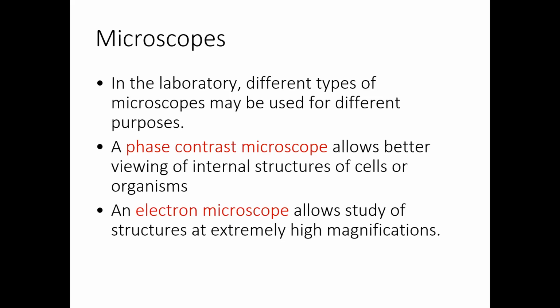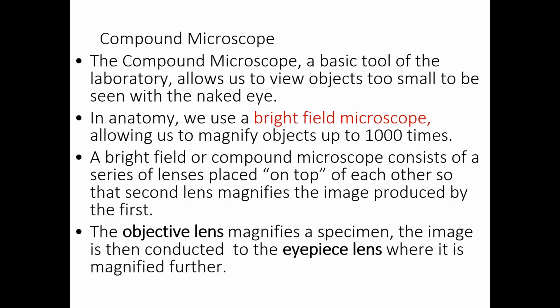The nicer ones that we have are what you would expect to see in a working laboratory setting, for example. The compound microscope is called that because it has the ability to have a series of objective lenses and an ocular. So you can change the magnification that you want to use.